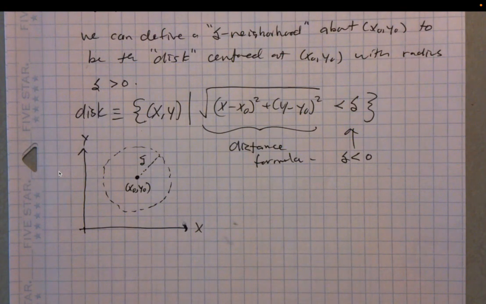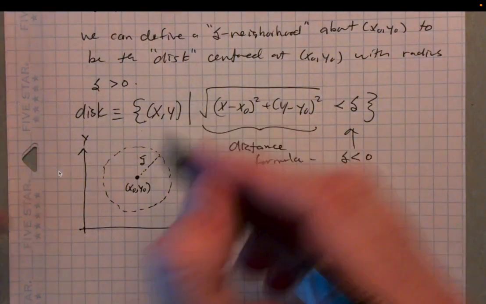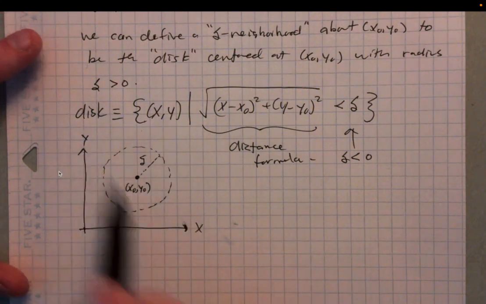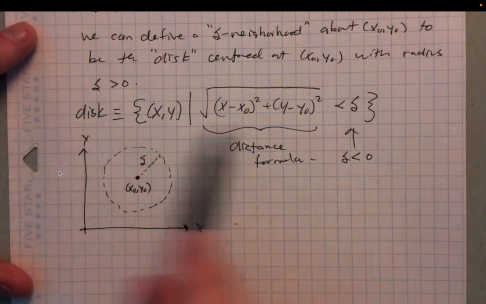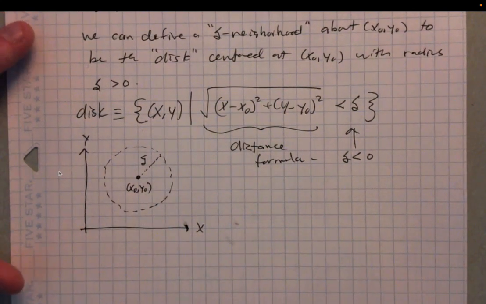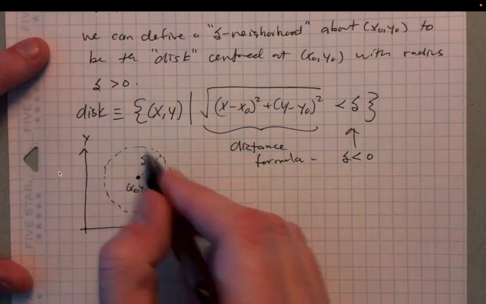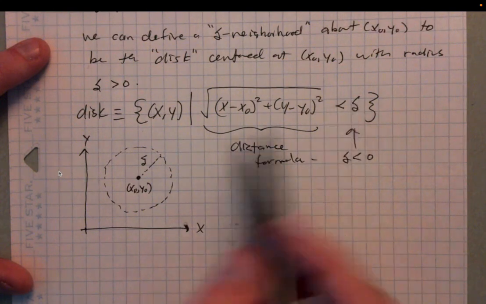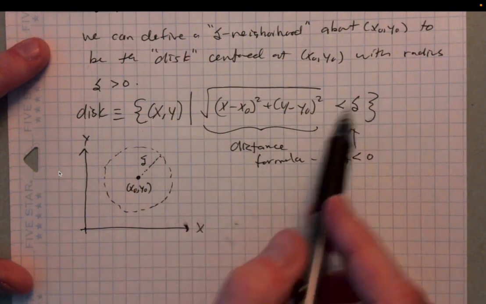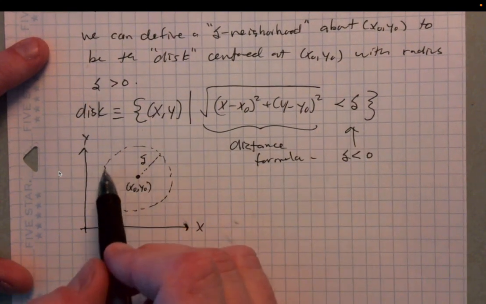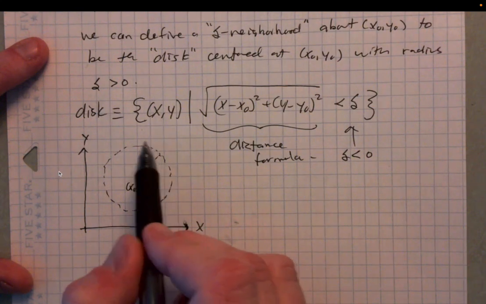So this is a pictorial representation of this disk. The distance for every point in this disk is less than delta. In order for the distance to be equal to delta, the point would have to fall precisely on this boundary.